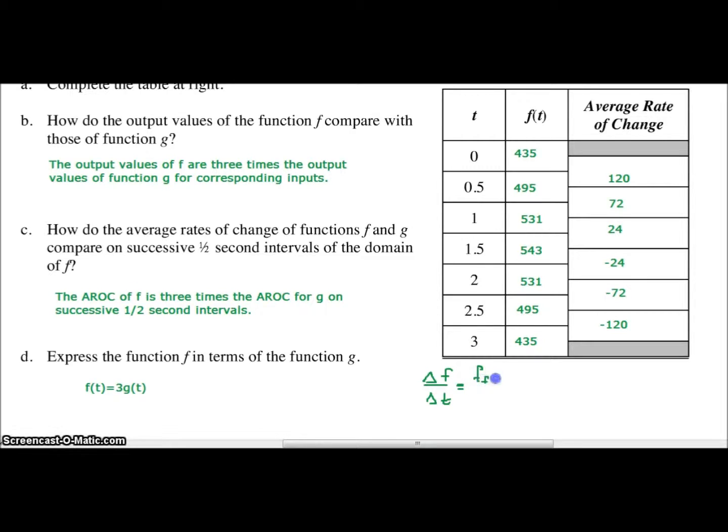If we do f final minus f initial over the change in time, those values of f are just 3 times the corresponding values of g. So we factor out the 3: 3 times delta g over delta t.